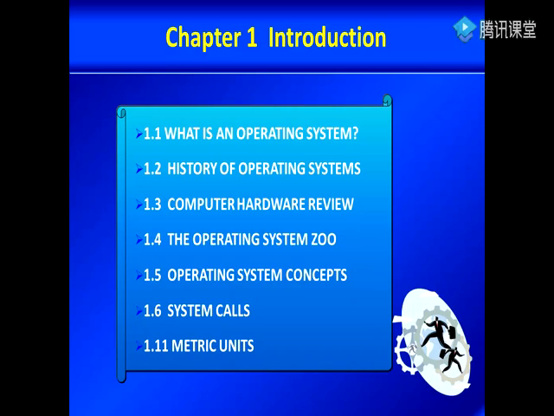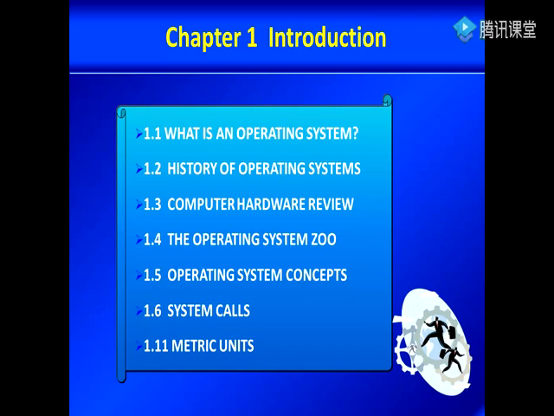Also, you know the resources can be shared in different ways among multiple programs in the same computer. That's the basic concepts for this course.